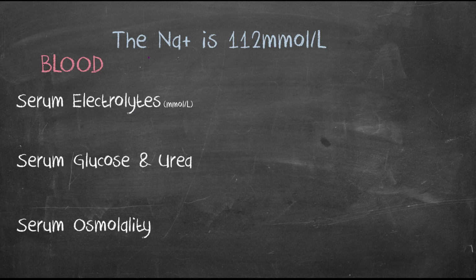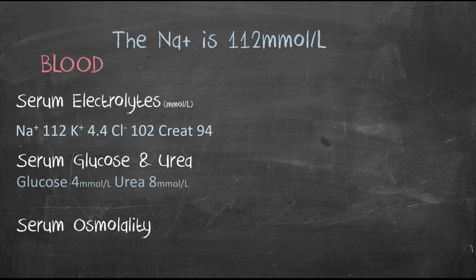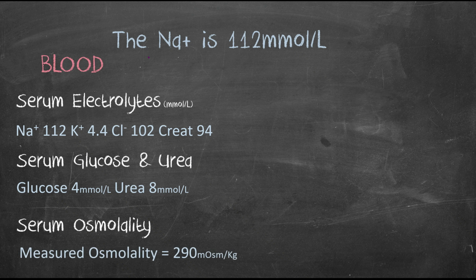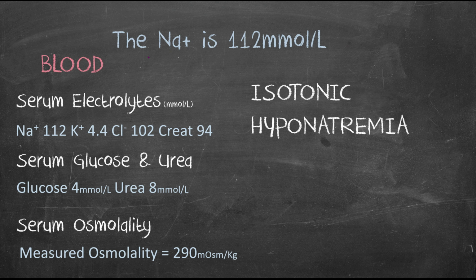Sodium is 112. His potassium is 4.4, chloride 102, creatinine 94, glucose 4, urea 8. All of these are normal except for the sodium. The serum osmolality measured is 290 milliosmoles per kilo. So this is isotonic hyponatremia.